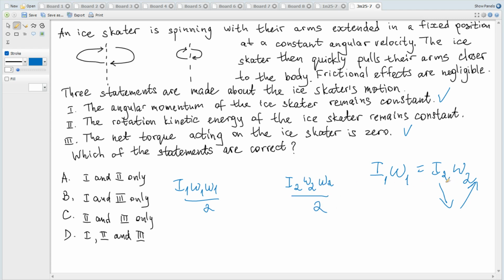And from this statement, I1 omega 1 is equal to I2 omega 2, but omega 2 is greater than omega 1, hence the rotational kinetic energy of the ice skater is not constant. So the second is not true. So B is correct, and that's all for this question.